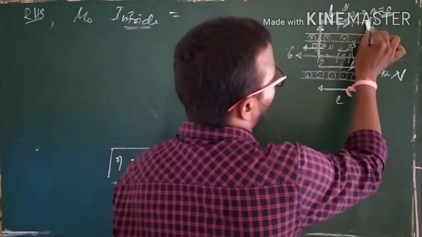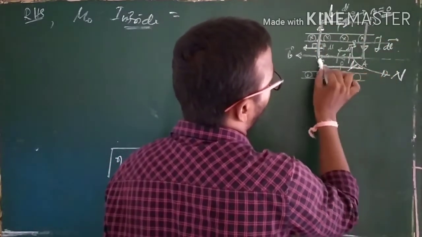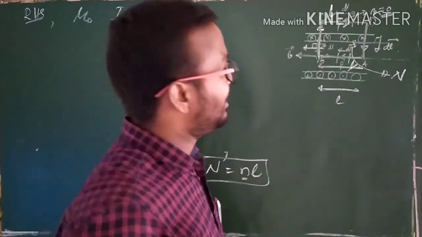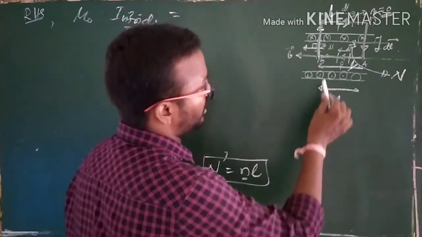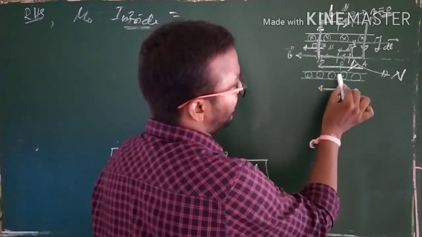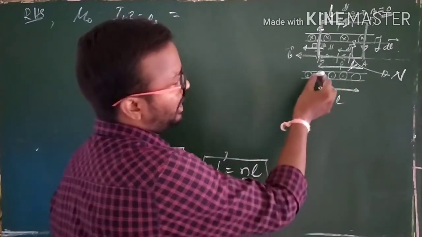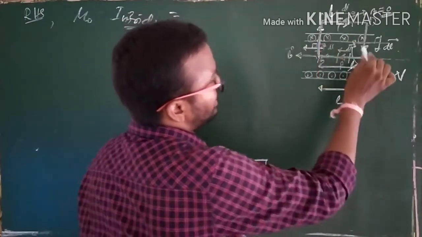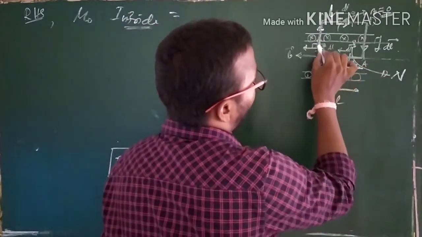This is the closed Amperian loop A, B, C, D, and we have to find the total current inside the Amperian loop. Look at the diagram. This dot mark indicates that the current is flowing in the outward direction, and these are the outside currents of the Amperian loop.